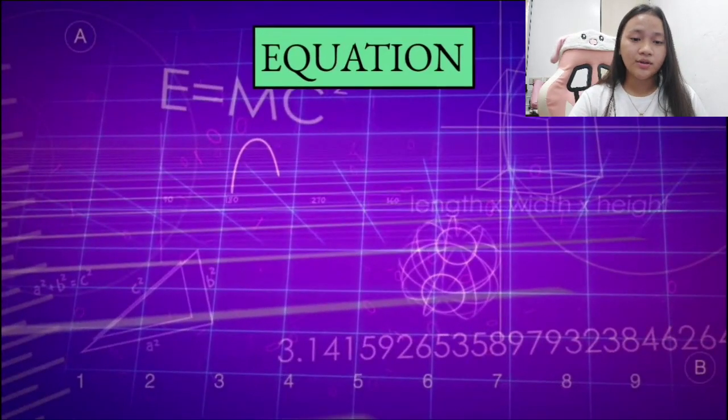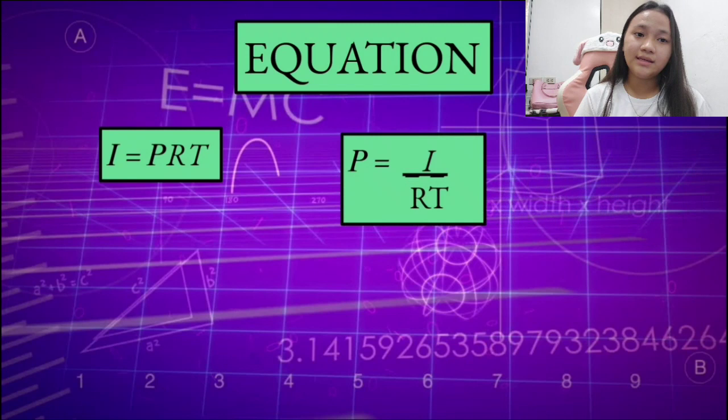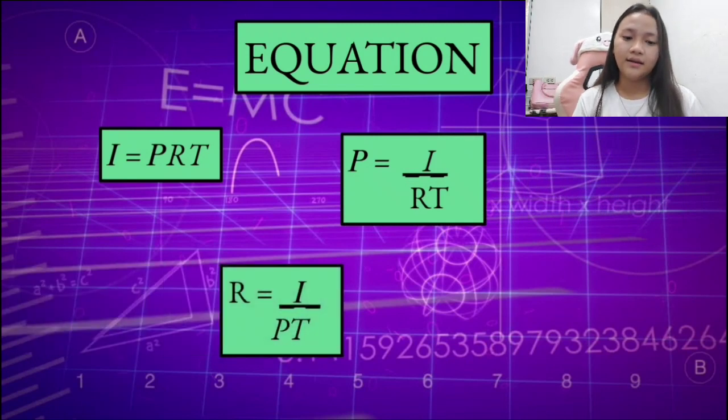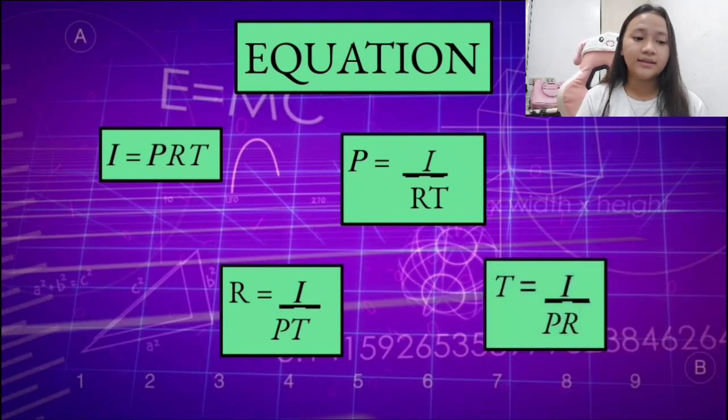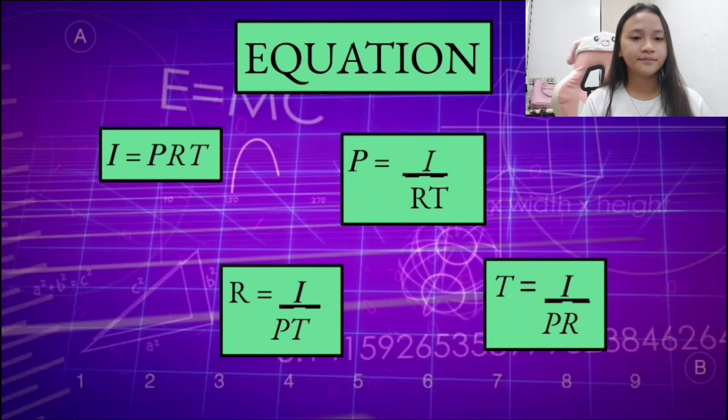The equations are I is equal to PRT, P is equal to I over RT, R is equal to I over PT, and T is equal to I over PR.